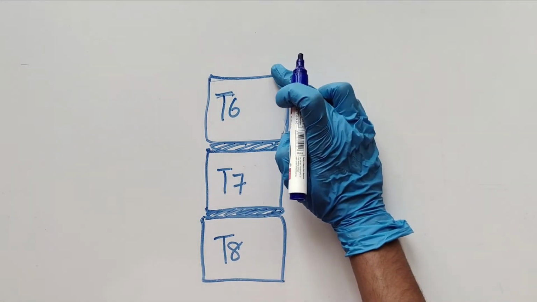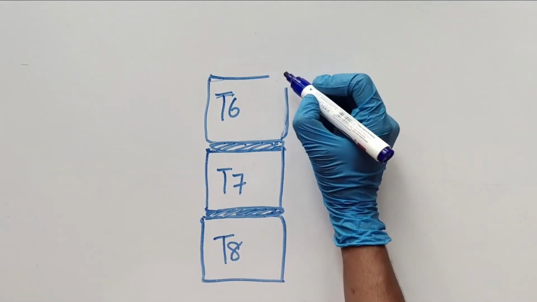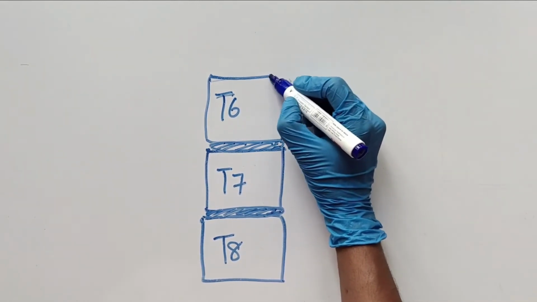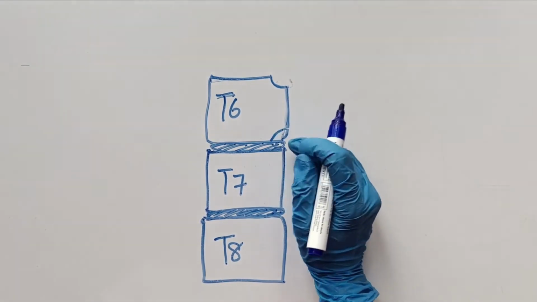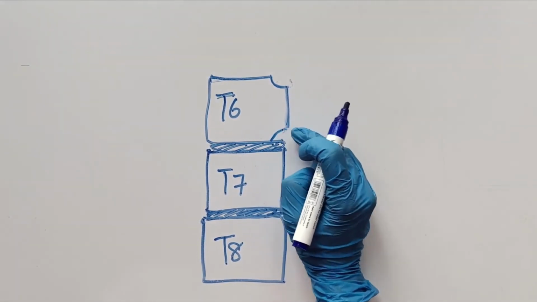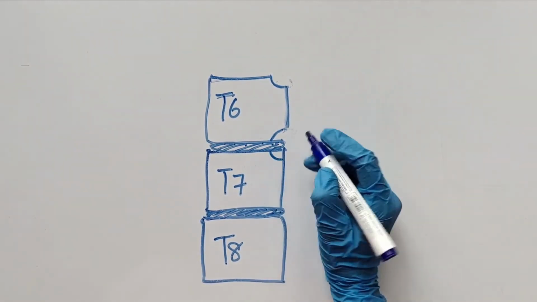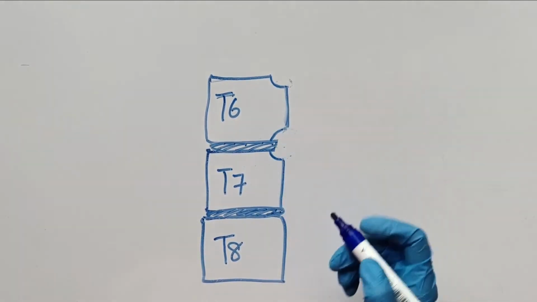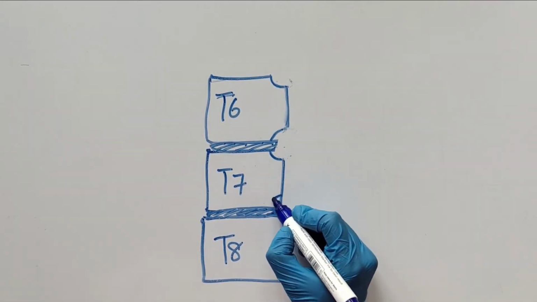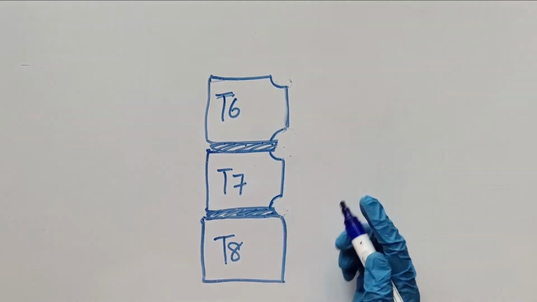So here comes the superior costal facet of the T6 thoracic vertebrae, and here comes the inferior costal facet of the T6 thoracic vertebrae. Again, here comes the superior costal facet of T7 thoracic vertebrae, and here comes the inferior costal facet of T7 thoracic vertebrae.